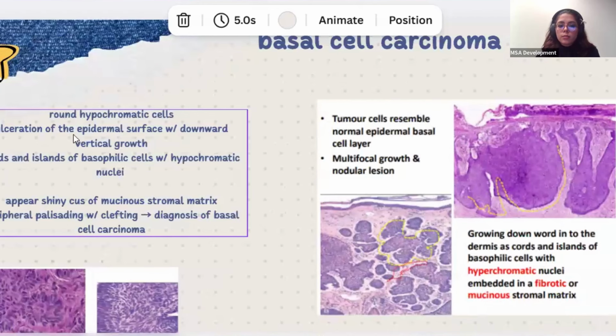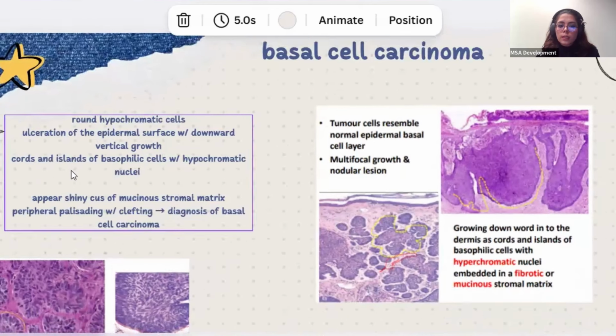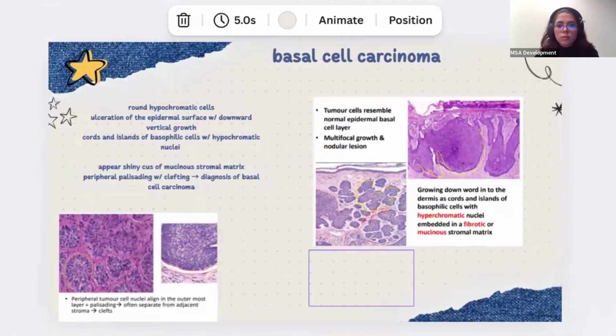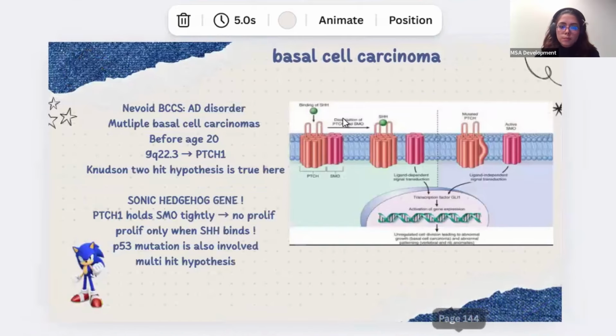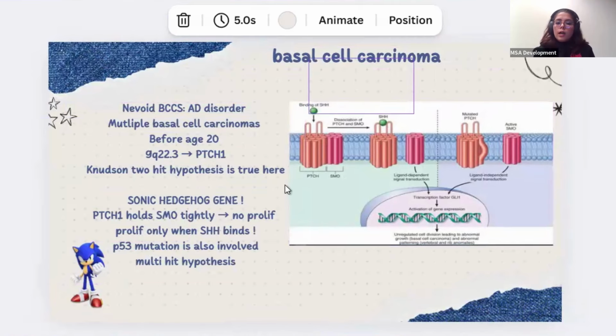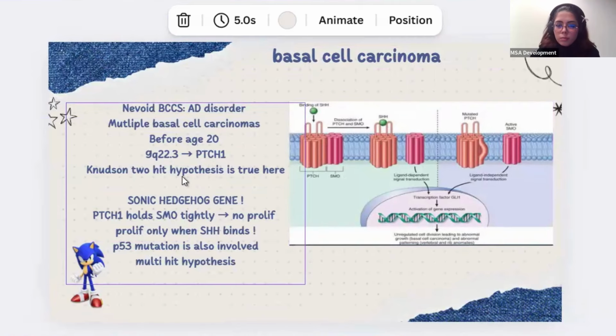Round hyperchromatic cells, ulceration of the epidermal surface with downward vertical growth, cords and islands of basophilic cells with hyperchromatic nuclei appear shiny because of mucin. Again, already mentioned this. Basal cell carcinoma, this was stressed in your lectures, I believe. However, I don't think it would come, but it was added.